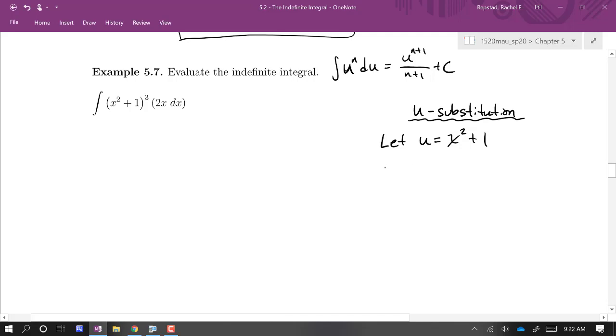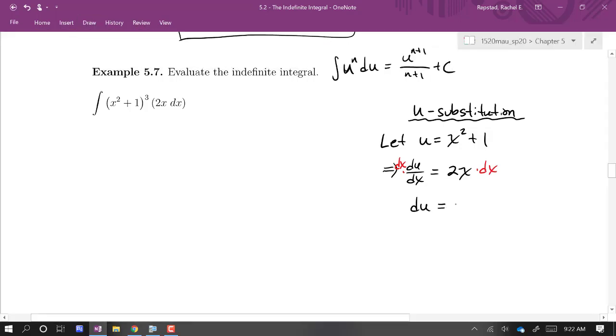And if u is x squared plus 1, that means du dx, if I find its derivative. Whenever we say let u equal whatever it is, your next step is find its derivative. So du dx is 2x, and now I'm going to rewrite this equation, du dx equals 2x. I'm going to treat this du dx like it's a fraction, and multiply both sides by dx.